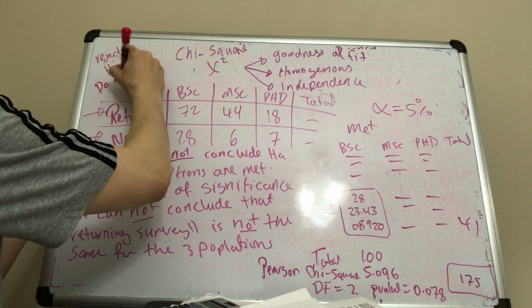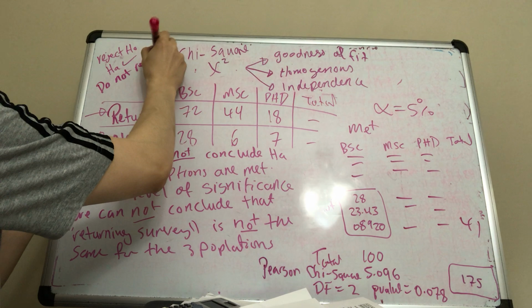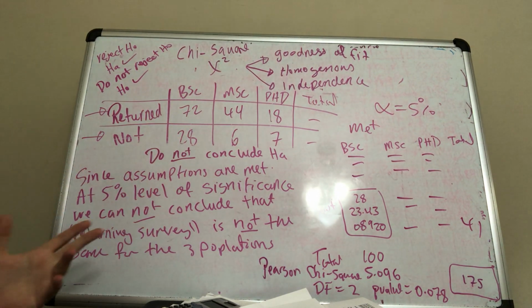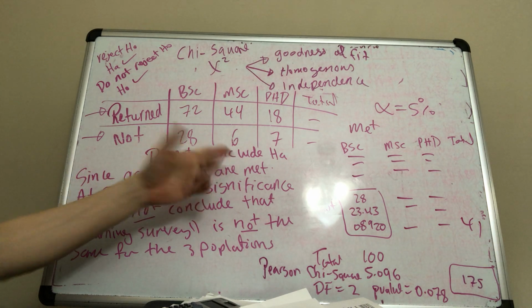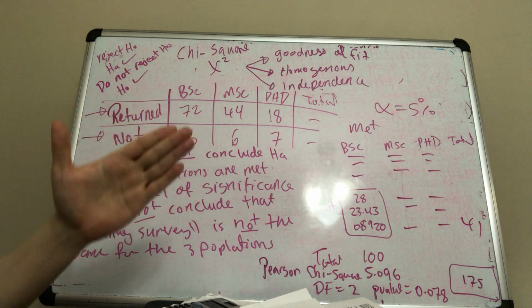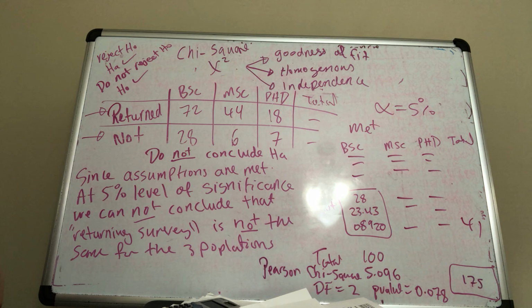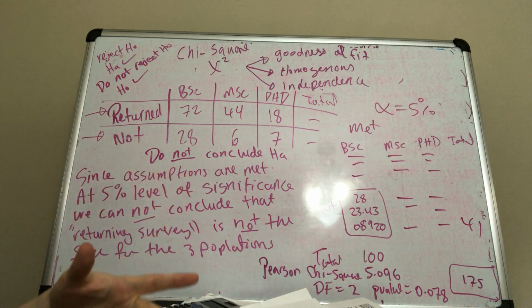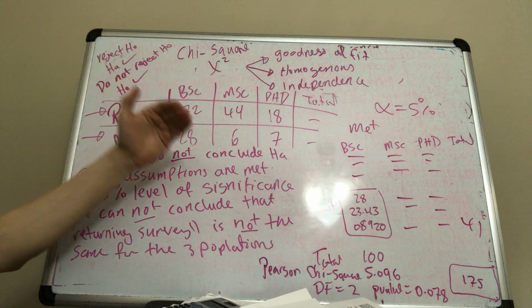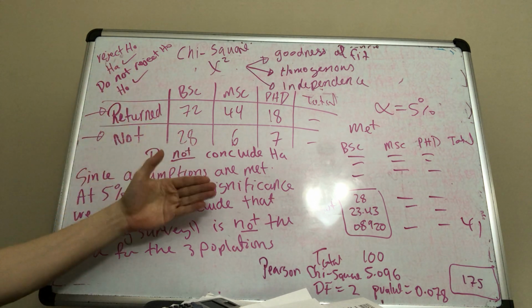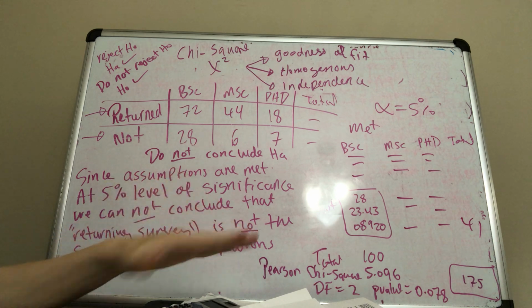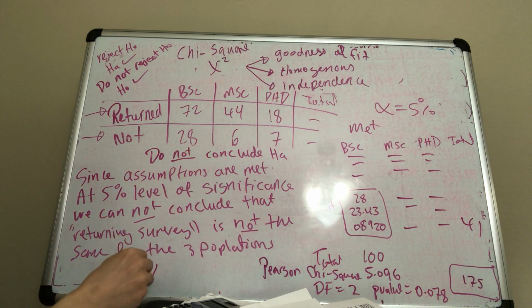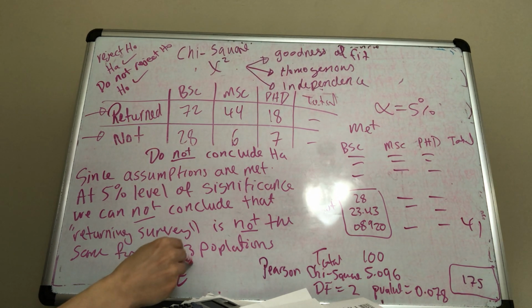Anytime you don't reject H0, that means that H0 is okay. So here, we don't conclude HA, we don't reject H0, meaning H0 is okay. And H0 says they're the same. So we proved statistically that they're the same, or we cannot prove that they're not the same, meaning the same thing. We basically prove statistically that the groups are the same.